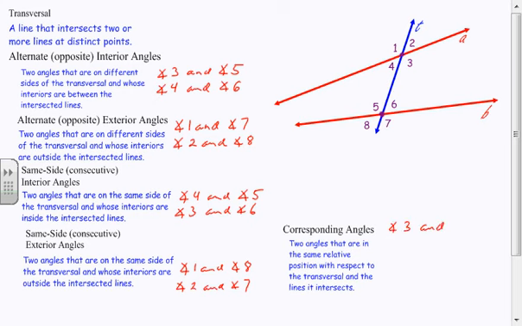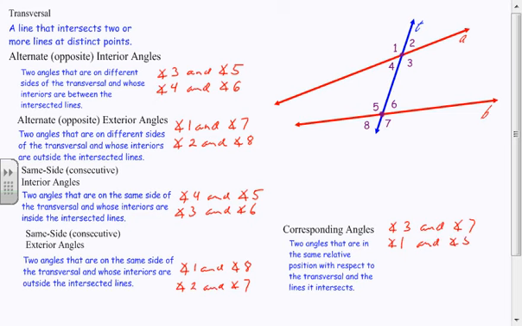Angle 3 and angle 7. What's another pair of corresponding angles? Angle 1, and would it be its corresponding angle? 1 and 5, because they're both above their respective lines and to the left of the transversal. Angle 1 and angle 5.